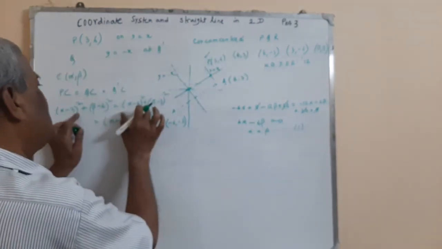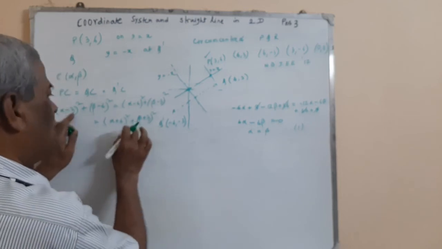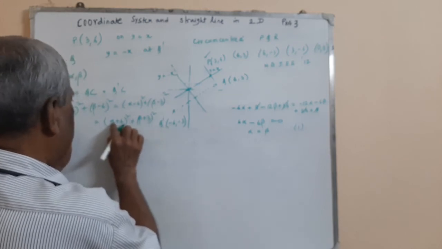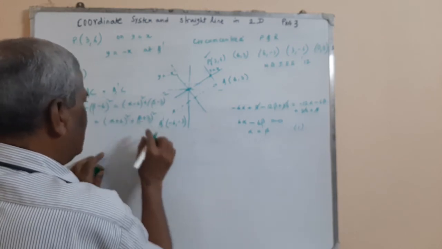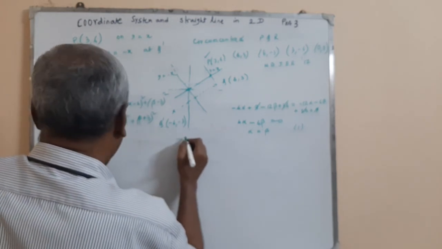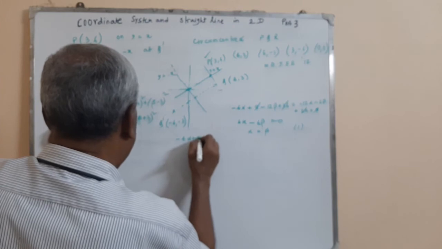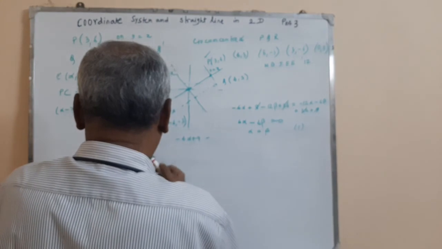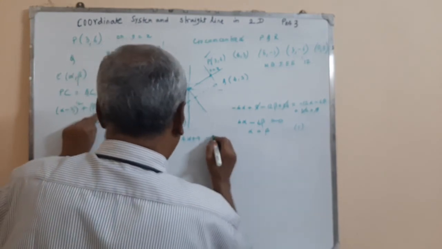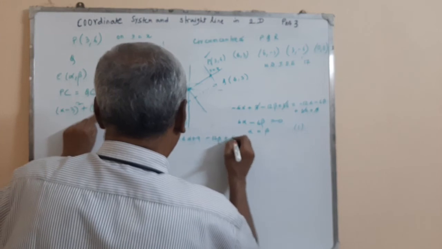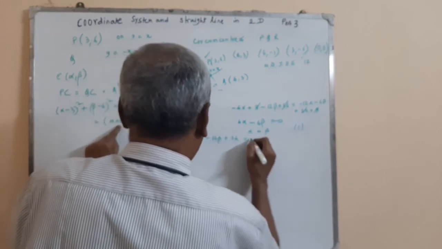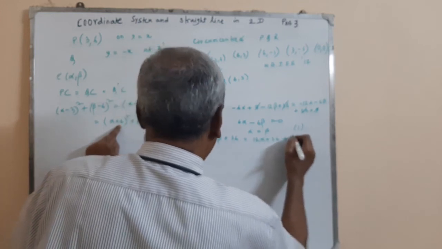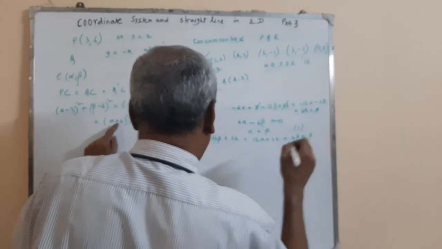Now consider this is equal with that. Simplifying this, alpha square will be cancelled from there, beta square will again be cancelled from there. So we must have -6 alpha plus 9 minus 12 beta plus 36 is equal to 12 alpha plus 36 plus 6 beta plus 9.